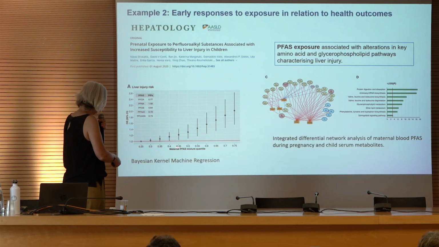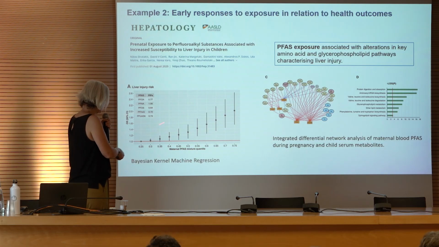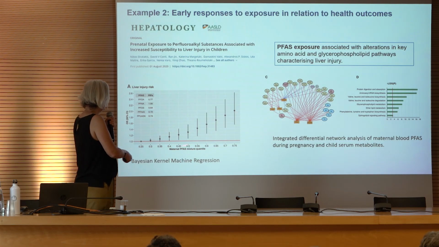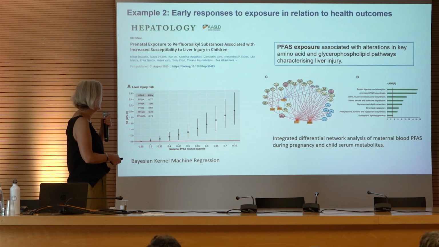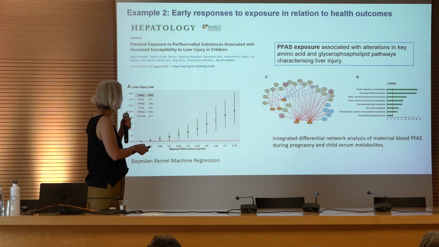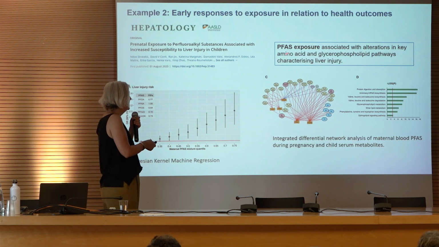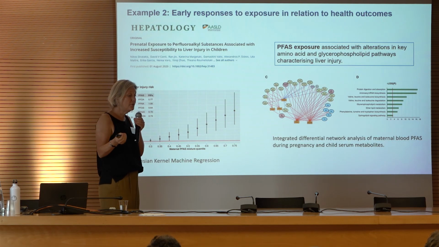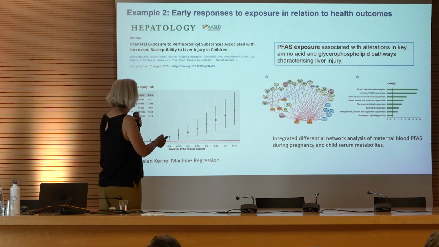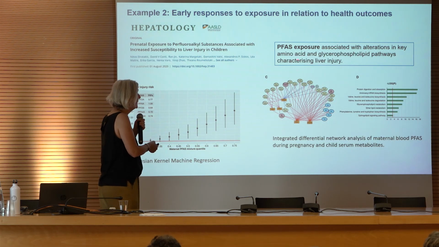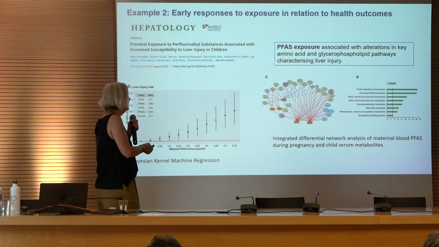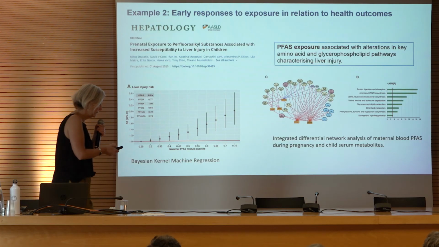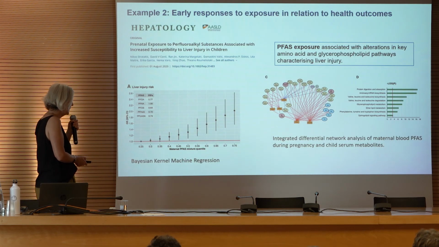And indeed, the PFAS mixture was quite strongly linked to increases in the liver enzymes that we measured. And we also found several metabolites in the serum metabolome that were, first of all, linked to liver injury markers, but also to the PFAS exposure during pregnancy. So that might indicate some biological pathways.